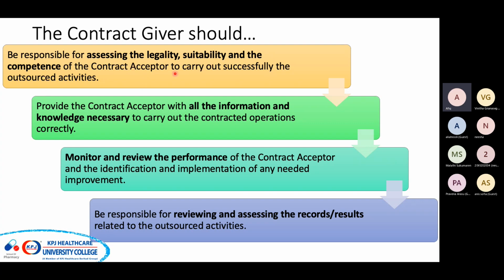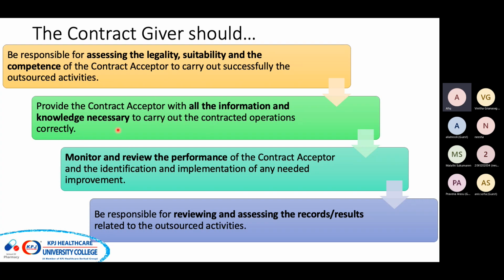So basically, in this first step, normally you will have several candidates for the contract acceptor that have the capabilities to take the outsourced activity that you want to give, by assessing maybe their legal issues, and suitability in terms of maybe the location and their manpower. So you have to consider that in terms of the contract giver, and then provide the contract acceptor with all the information and knowledge necessary to carry out the contracted operation correctly.